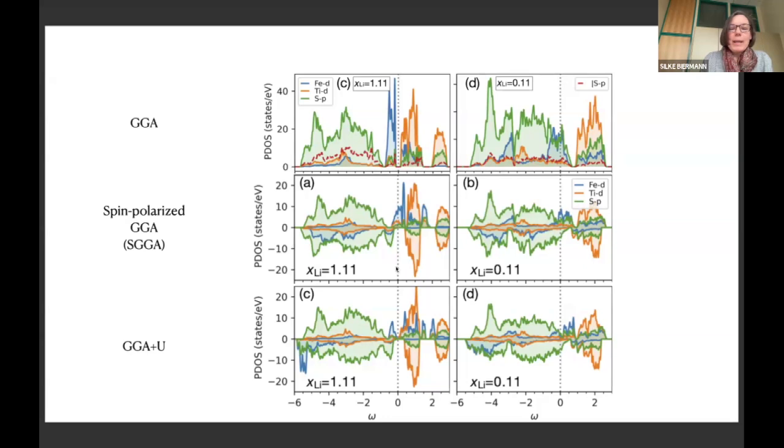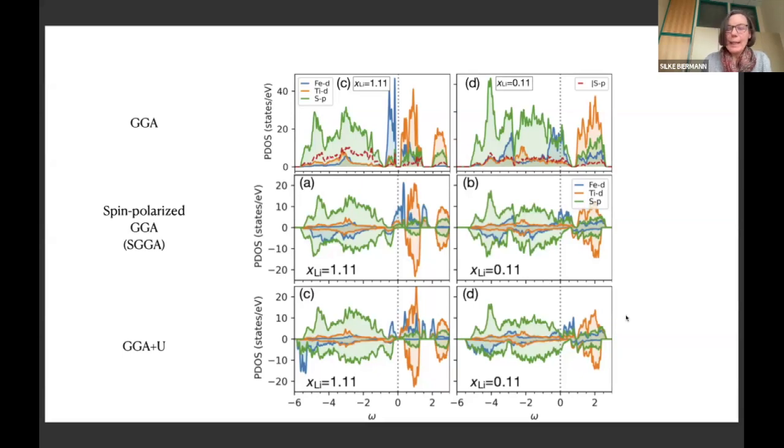GGA plus U opens the gap again, however, it has a depletion also here in the delithiated compound. Moreover, this is not noted, if you look at the magnetic moments, the delithiated compound has a magnetic moment of 2.3 μ-Bohr, which is not compatible with the experimentally observed low spin configuration in that compound.